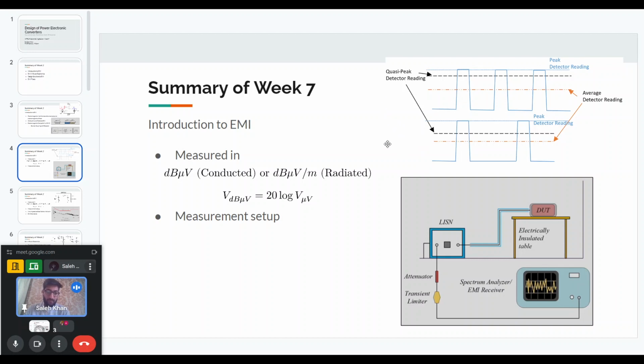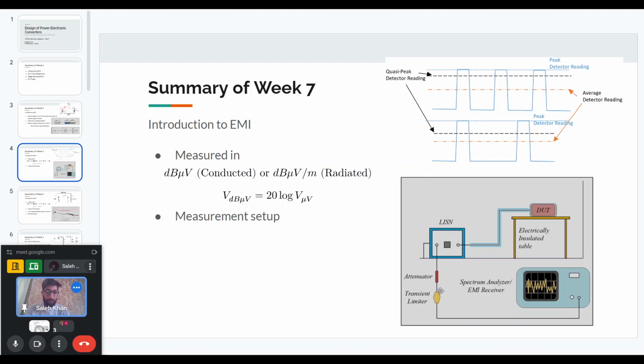And how the measurement itself is done depends on how accurate you want the measurement to be. If you want a very highly accurate measurement, we usually have a separate room that is shielded from external EMI, and the device whose EMI we want to measure is kept on an electrically insulated table and connected to something called a LISN, and we'll see what it looks like.